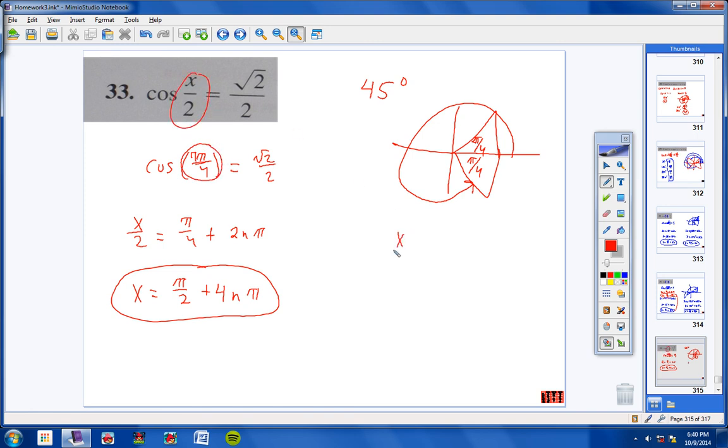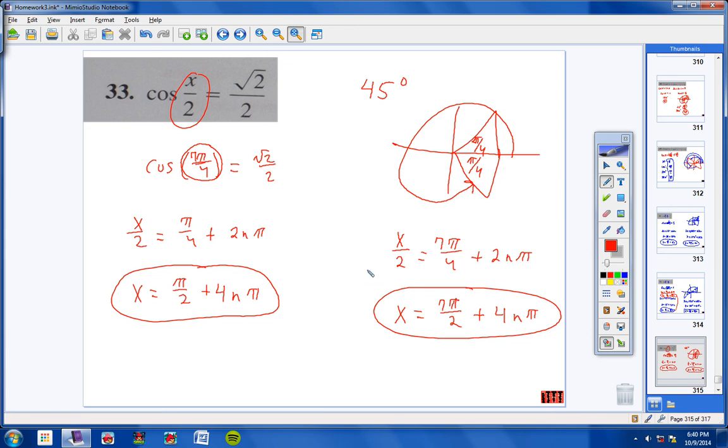So x over 2 equals 7 pi over 4 plus 2 pi n. Multiply everything by 2 to get rid of your x. And you're left with 7 pi over 2 plus 4 pi n.